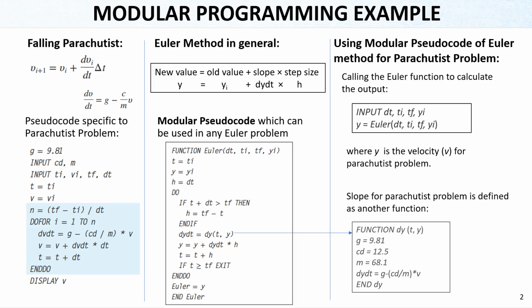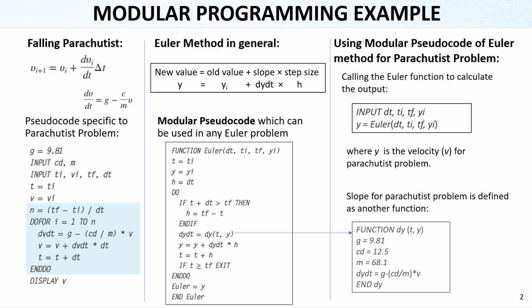In this slide, we will provide an example of modular programming, and we will use our known falling parachutist problem from chapter 1. As you remember, we had this numerical solution, the Euler method: v(i+1) equals v(i) plus dv/dt times delta t, and dv/dt was g minus c/m times v.